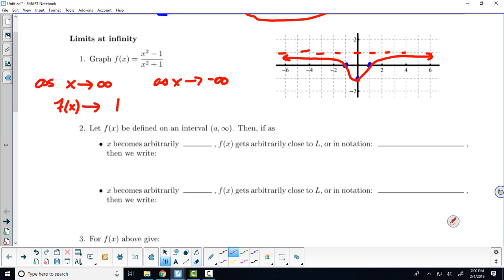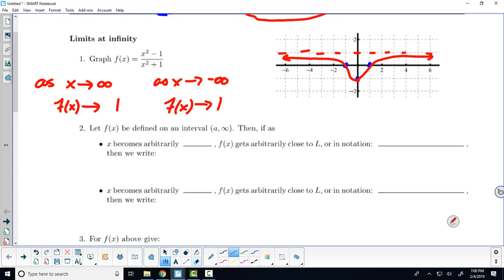All right. As x is approaching minus infinity, f of x is also approaching 1 in this case. Okay? So this is how we're going to define a horizontal asymptote if something like this happens.